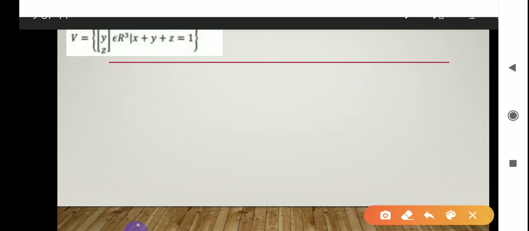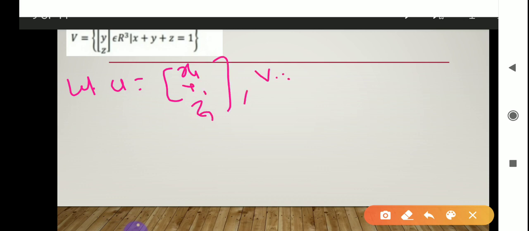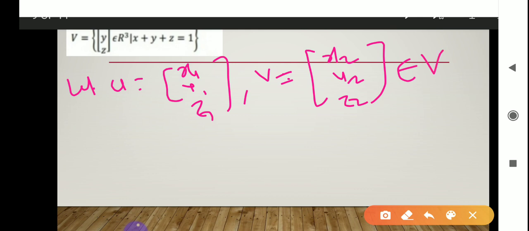So first property we have to check closure property under addition. So for that, suppose u is equal to (x1, y1, z1) and v is equal to (x2, y2, z2) belongs to V, then we have to check u plus v belongs to V or not.